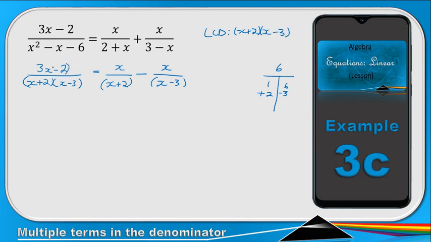So let's start by multiplying through with that. x plus 2, x minus 3, and then times x plus 2, x minus 3. And just a side note here, when we add fractions, we have to multiply top and bottom, because what you do at the top, you do at the bottom. But in this case, we're working with equations where we have an equal sign in our equation.